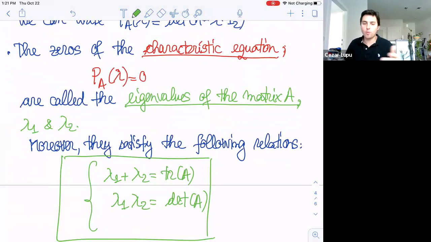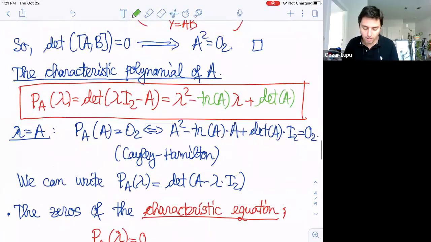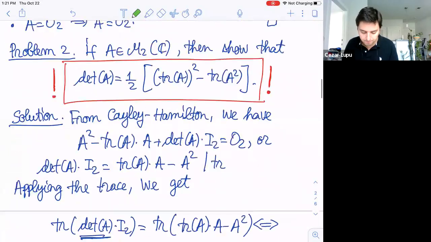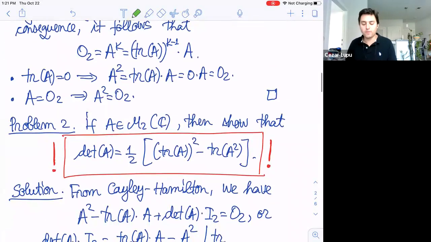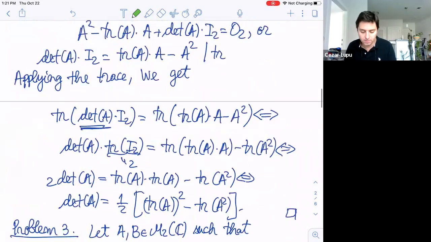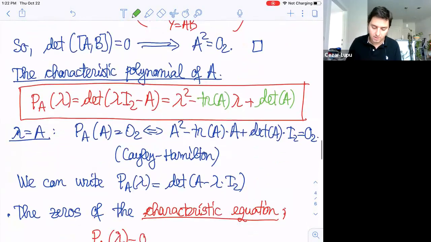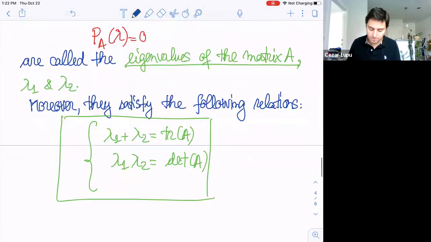Of course, now if you want to go back to problem 2, it will follow immediately, so there is no problem with that. So this is the characteristic polynomial of this. And in fact, problem 2 follows immediately from this, and I'll leave this to you as an exercise.